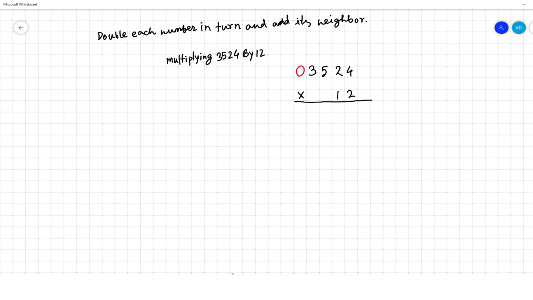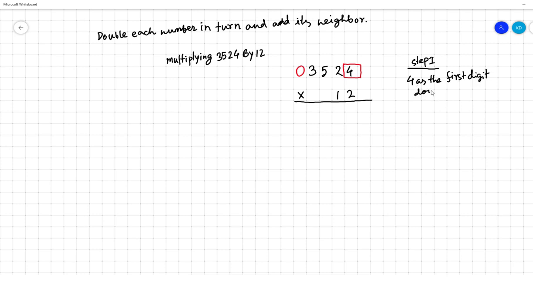In this first step we do nothing. This is the unit digit 4, and we have to multiply this 4 by 2, that is 8. So this is our step 1.